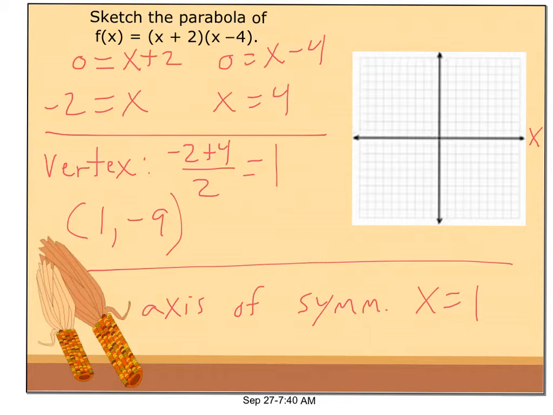Okay? But notice the only difference here is that when I have it in factored form, it's very easy to get to the x-intercepts, so that's what I did right here. I didn't do any of the work to get the y-intercept, which I didn't need because I used the x-intercepts instead.